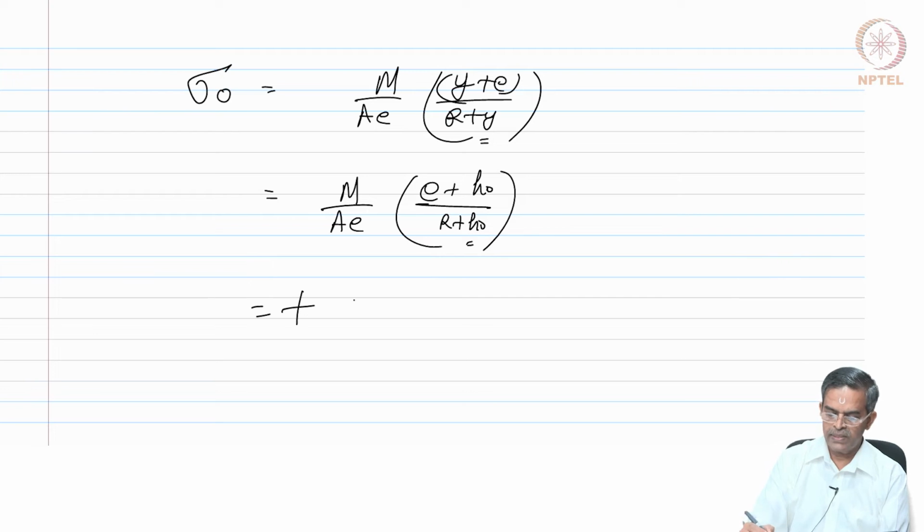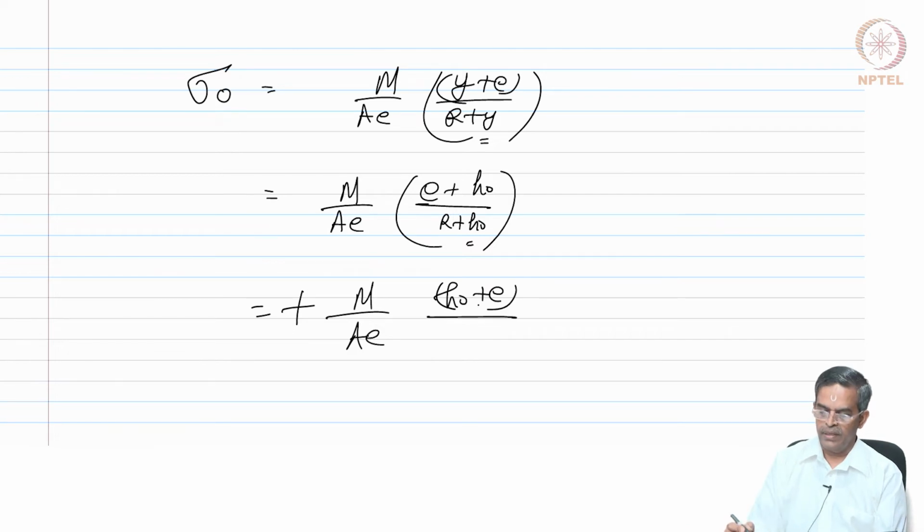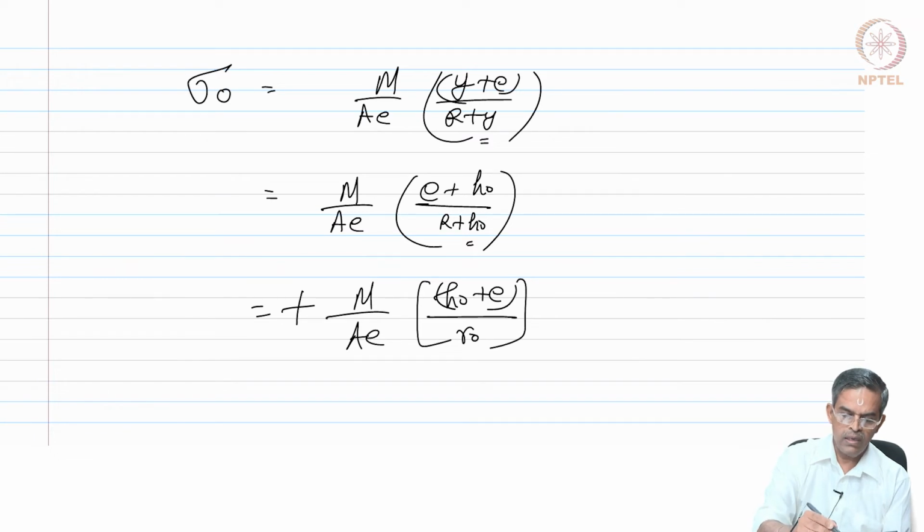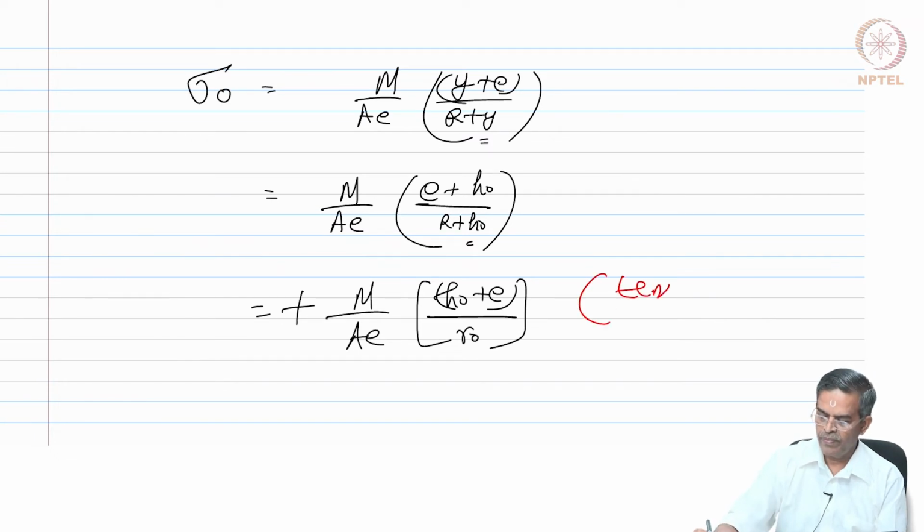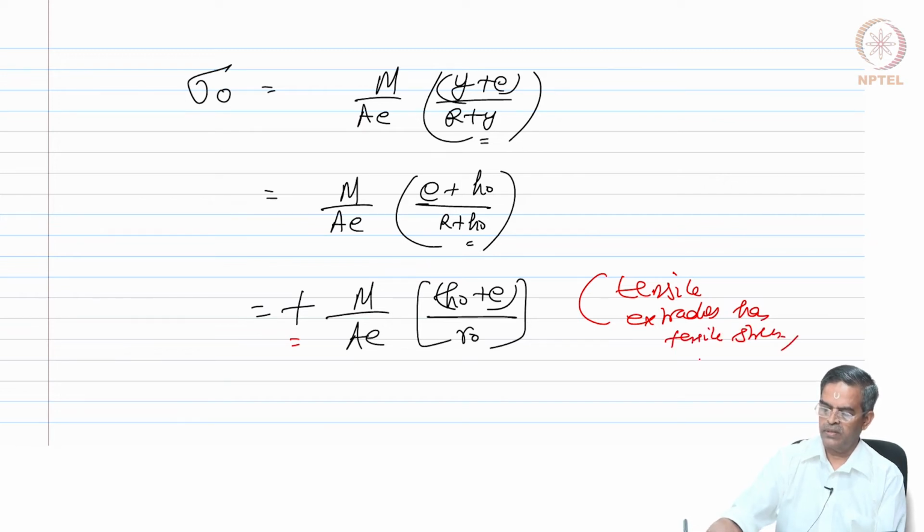So, that is going to be plus M by AE, ho plus e by ro. Can I say that? So, this is tensile because it is positive, and extrados has tensile stress.